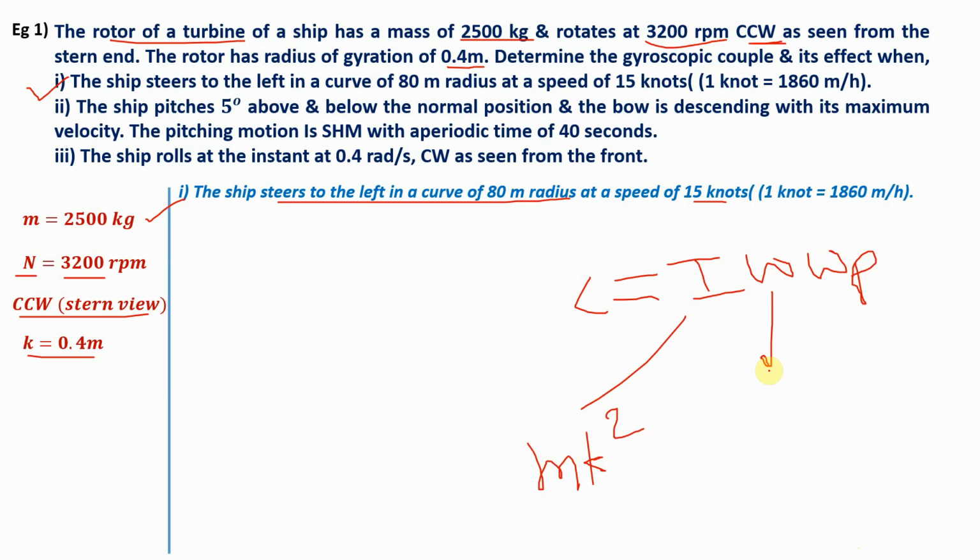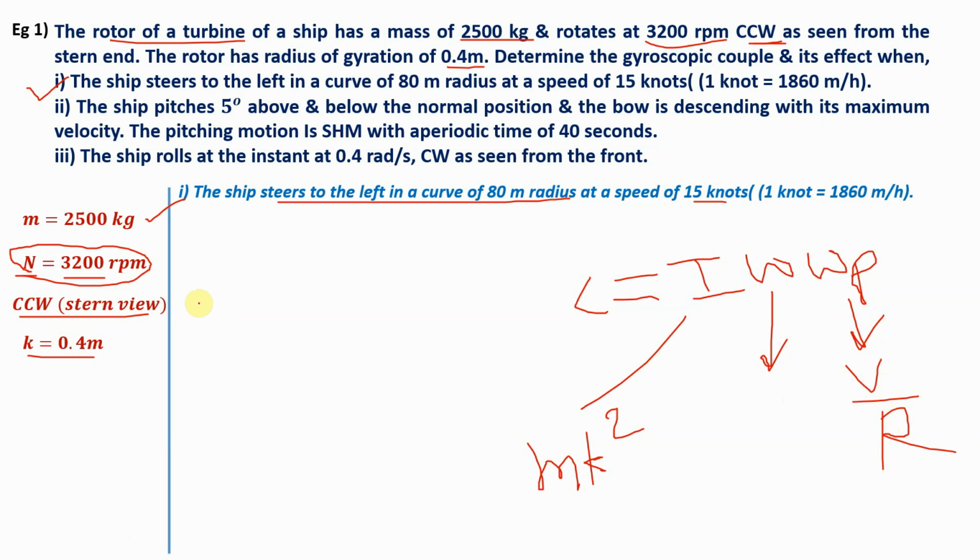Omega is the spin angular velocity of the rotor, which is 2 pi n upon 60, and omega p is the angular velocity with which the ship is steering to the left, which will be equals to linear speed of the ship divided by radius of turn.